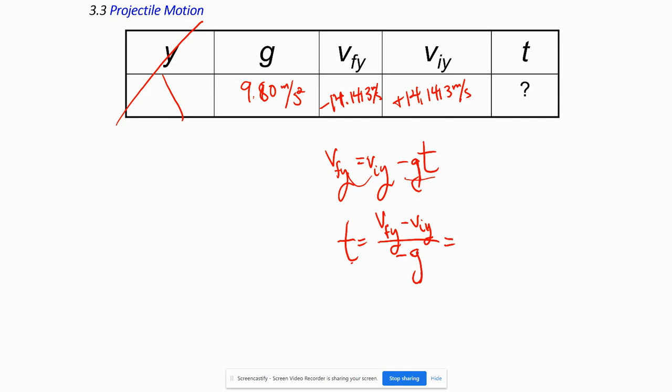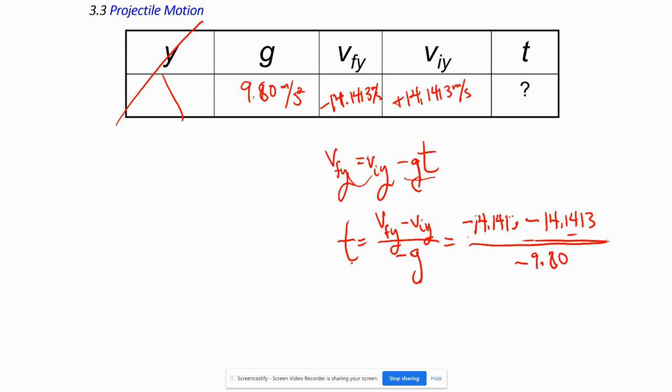So I have negative 14.1413 minus 14.1413, all over negative 9.8. Now, the top does not cancel. It really just doubles the velocity. The velocity goes from 14.13 down to 0, and then from 0 back up to 14.13.